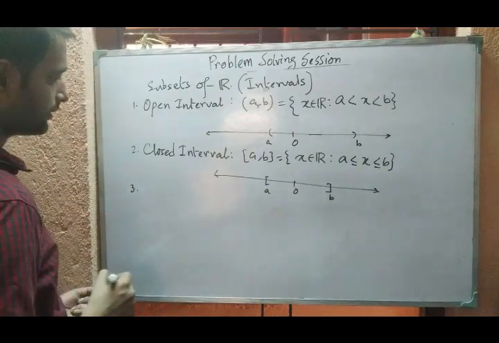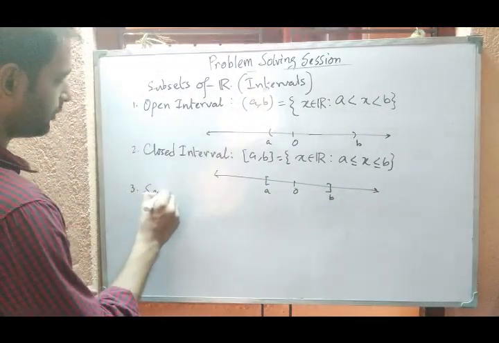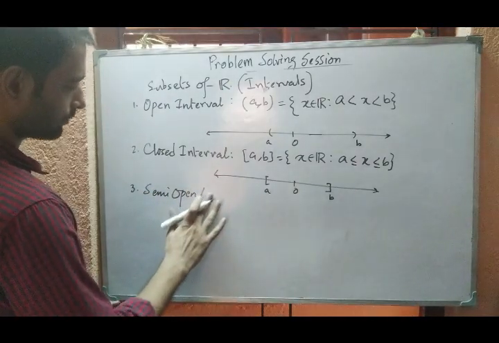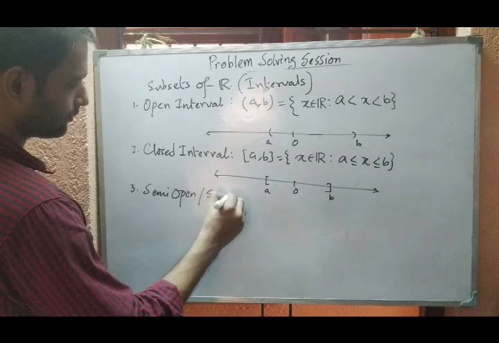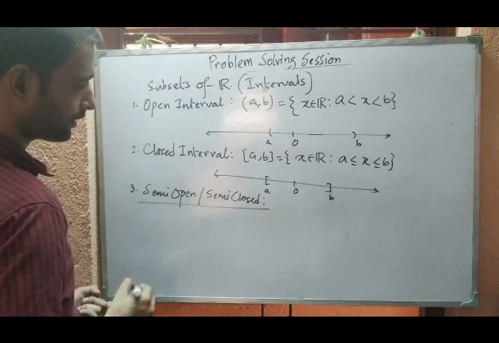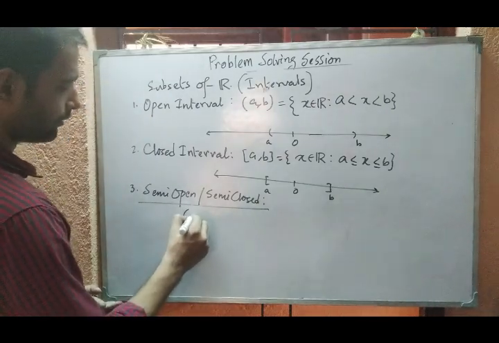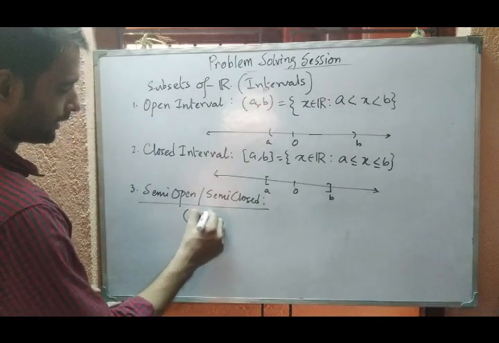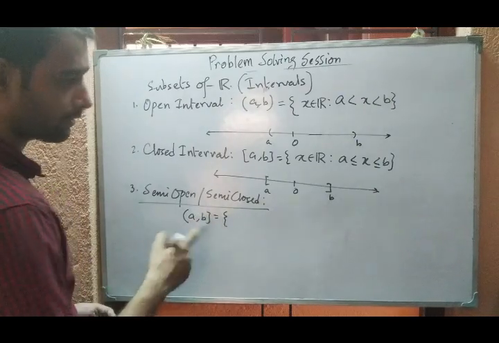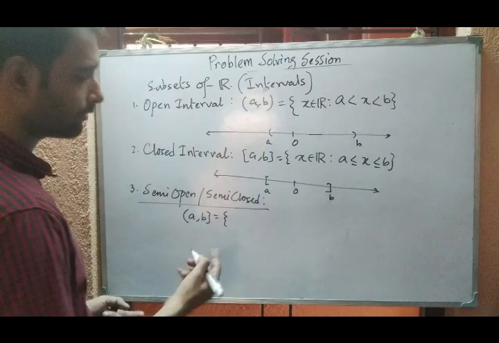Number 3, these are called semi-open or semi-closed intervals, and these are defined by one round bracket and one square bracket. So like this. In this case, this will be a combination of less than and less than or equal to.